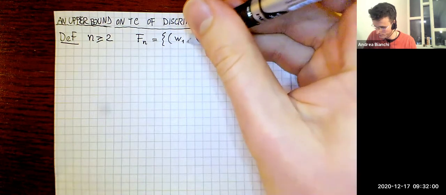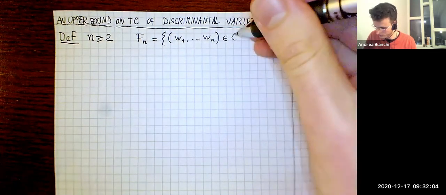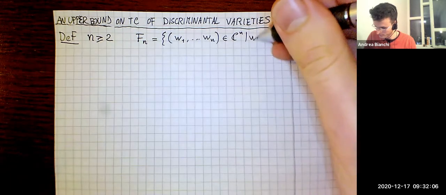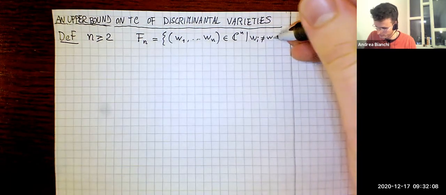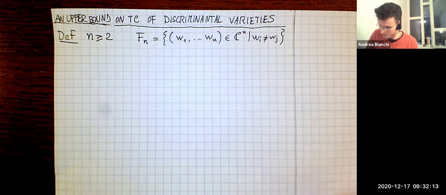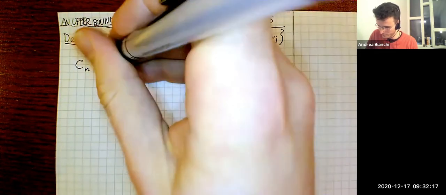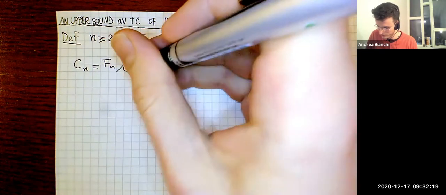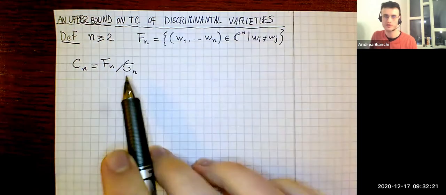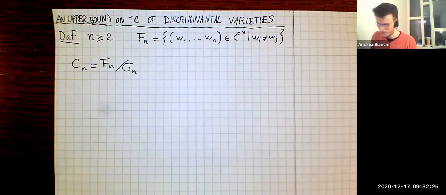So we take n-tuples of points in C, and these points are required to be distinct. And there is an unordered counterpart, which is known as Cn, and is obtained from the previous one by quotienting by the action of the symmetric group Sn, which permutes the labels.